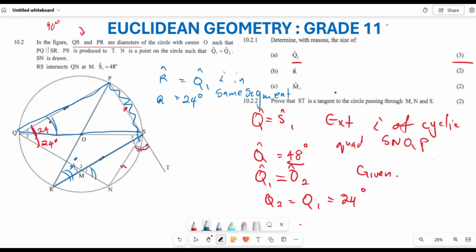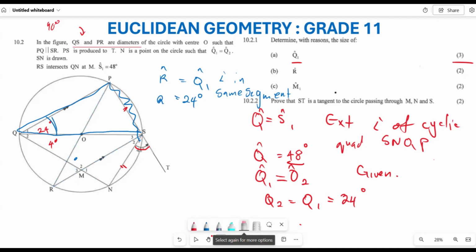All right, again. How can we go about calculating your angle M1? Can you not agree that your angle M1 is going to be the same as your angle Q? Let me just make up my thing here so that you can see.